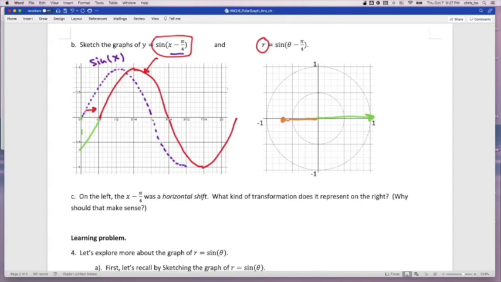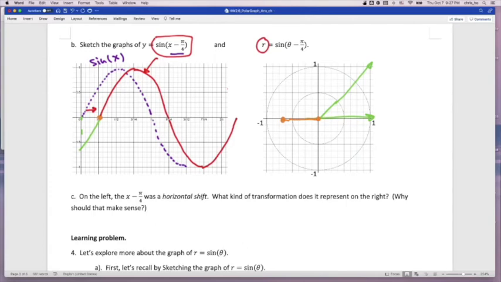All right, let's go to 45 degrees, pi over 4. My green vector at 45 degrees is pointing in this direction. What is my r value? Well, at 45 degrees, my r value is actually right here, so it's going to be 0.